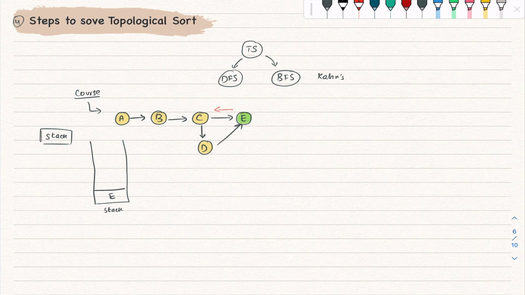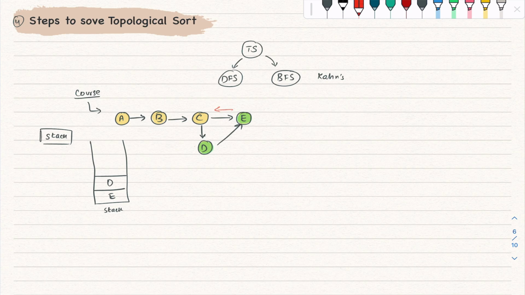Yes, there is a path which is going to E, but E is already visited, so we can't go there. Now, once we have no out degree for D, you can see there are no arrows coming out. In that case, we can put that D in our stack.